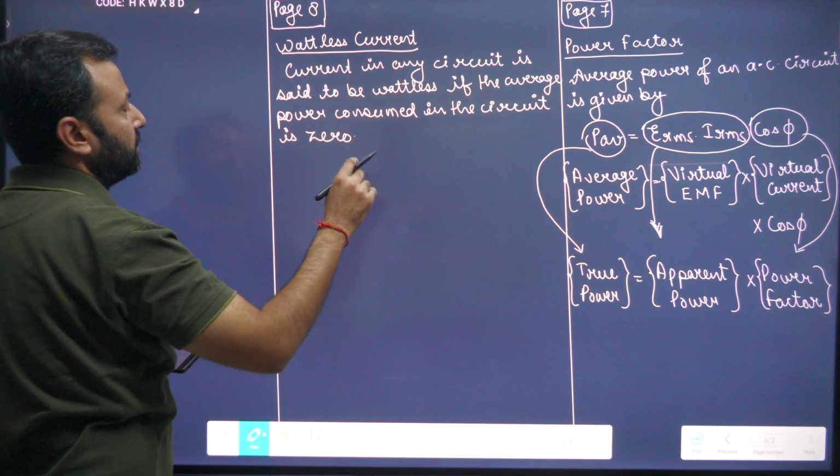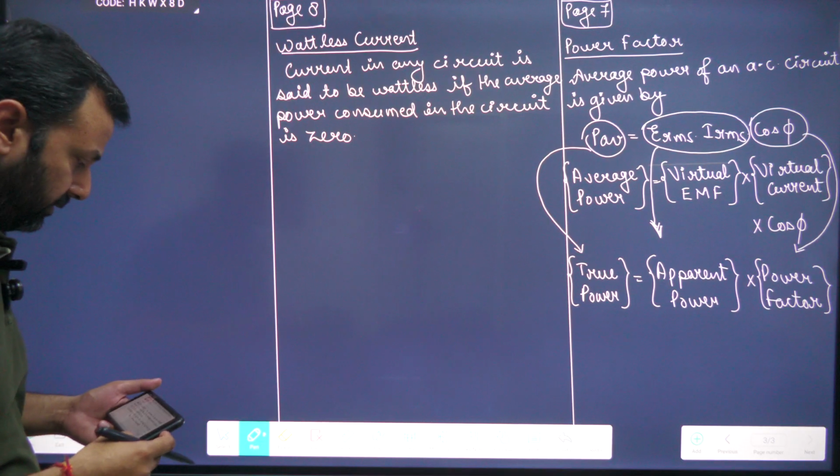If average power is zero, then that current is called wattless current.